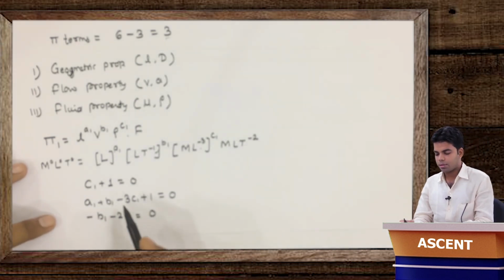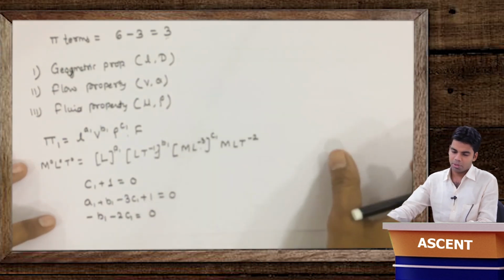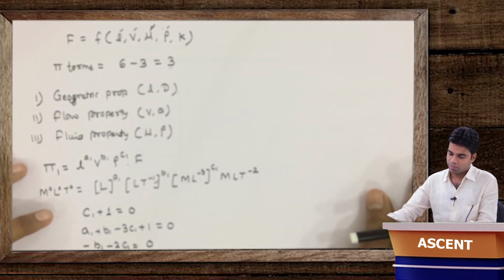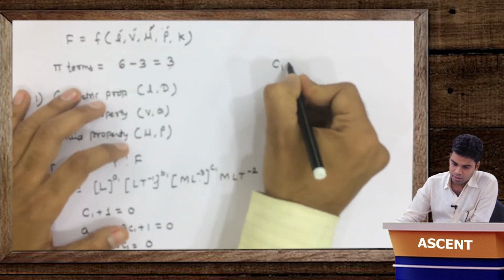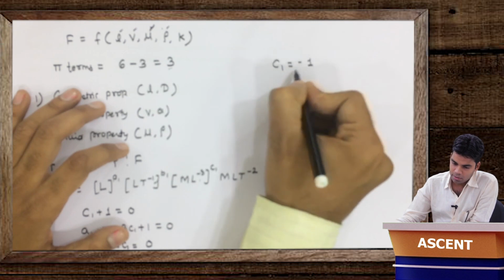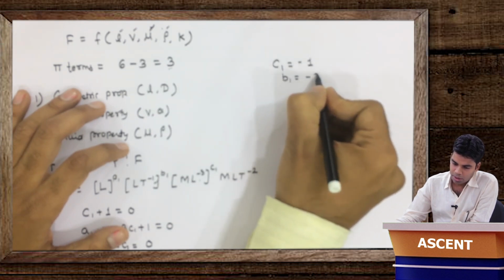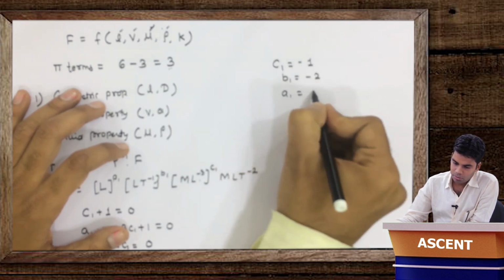So we have three variables and three equations, a1, b1 and c1, so from here we can determine the values of a1, b1 and c1. I will directly write the values: c1 is equal to minus 1, b1 is equal to minus 2, and a1 is equal to minus 2.